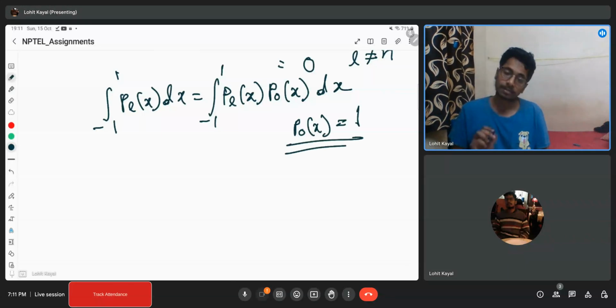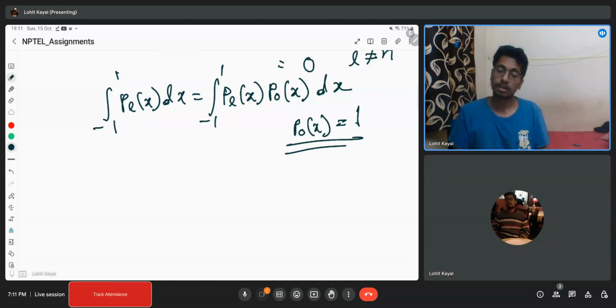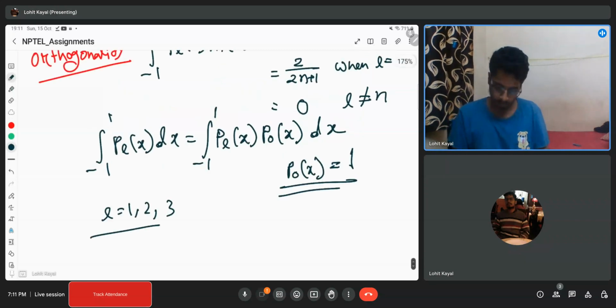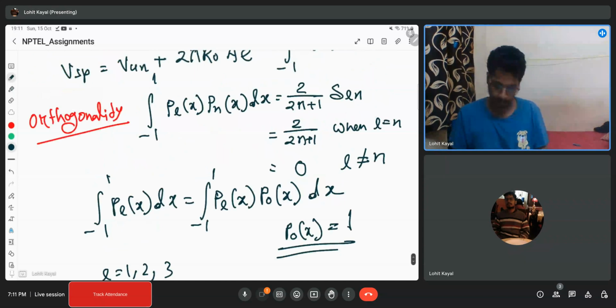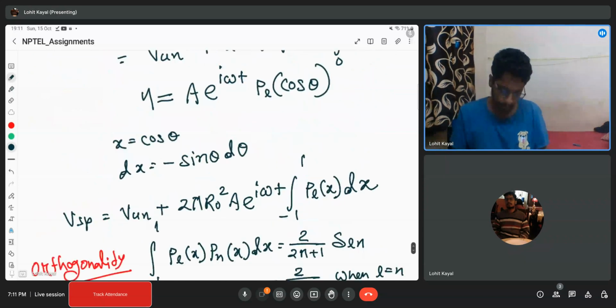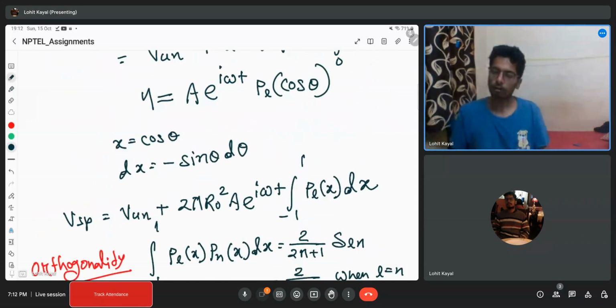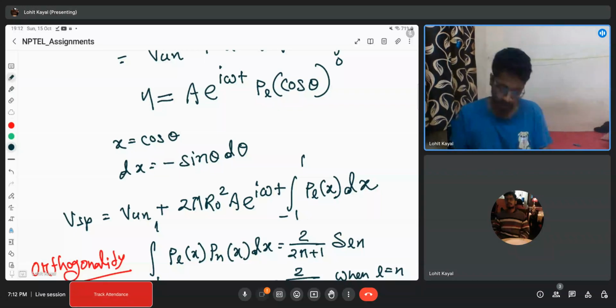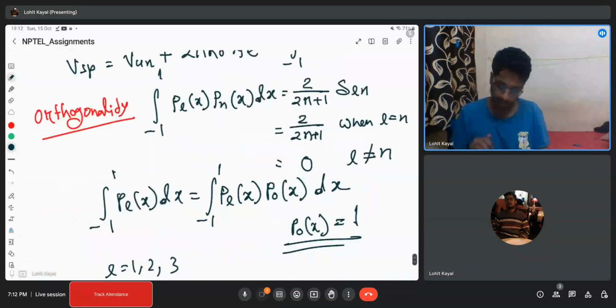Now remember, what is P_L(x)? P_L(x) is the initial shape of your perturbation. If L equal to 1 or 2 or 3, then this value will be 0 from this orthogonality relation. That means the volume of the perturbed sphere will be the volume of the unperturbed sphere, so there will be no change in volume, right? But if L equal to 0, then this is not 0.